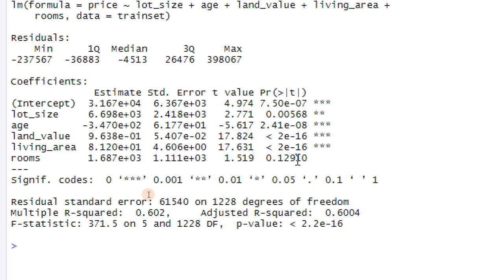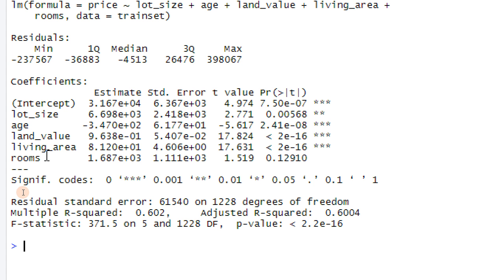You can see 16 zeros, right? 2e power minus 16, 2e power minus 16. That is very, very less than 0.05, right? But here you can see 0.12. That means the value decides whether this variable decides the value of price or not.